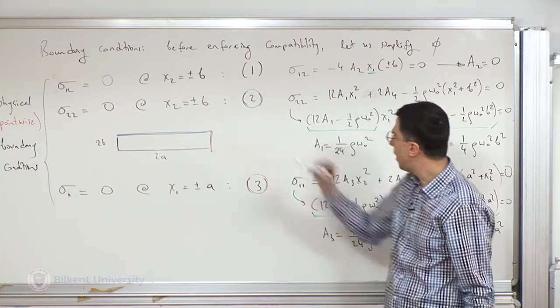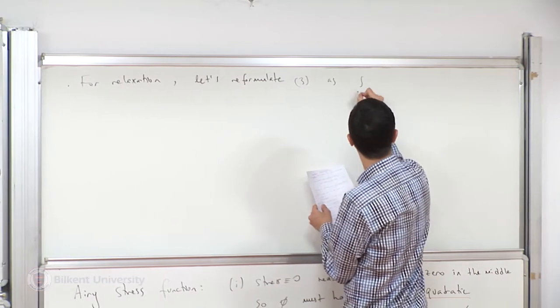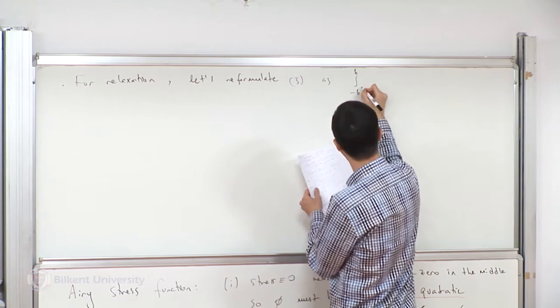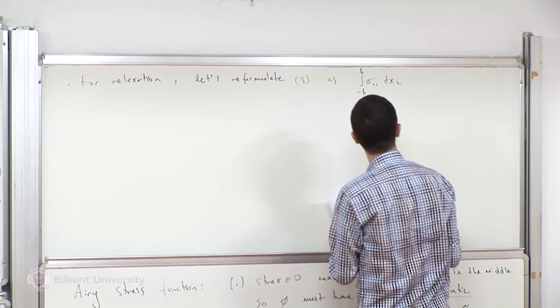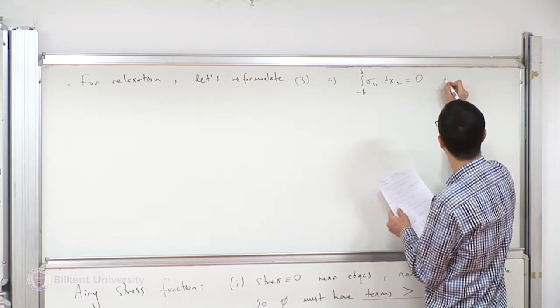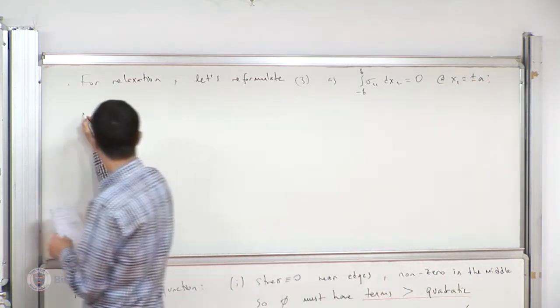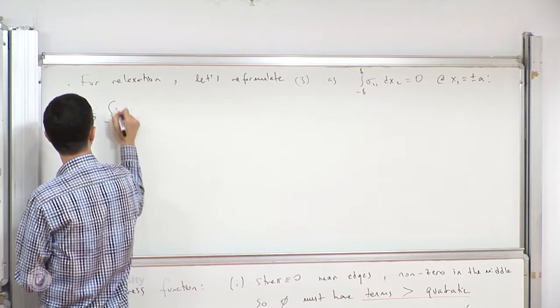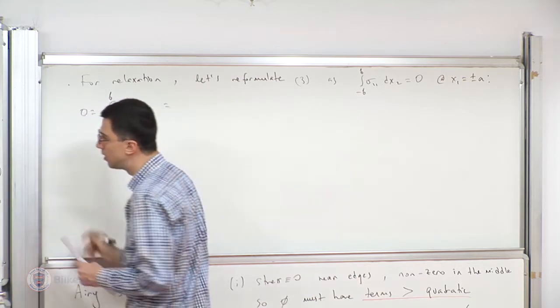Okay? Now, let's begin with the force condition. So the force condition says that if I integrate sigma 1,1 at x1 equals plus or minus a along the 2 direction, it should be equal to 0. Okay? And so I have 0 equals the integral from minus b to b of sigma 1,1 dx2.